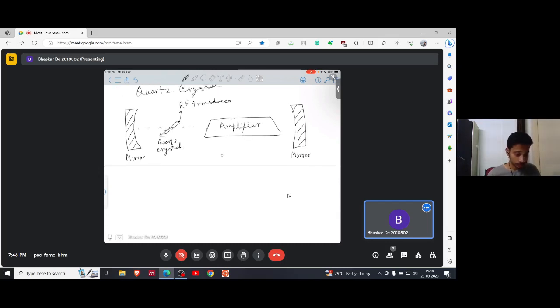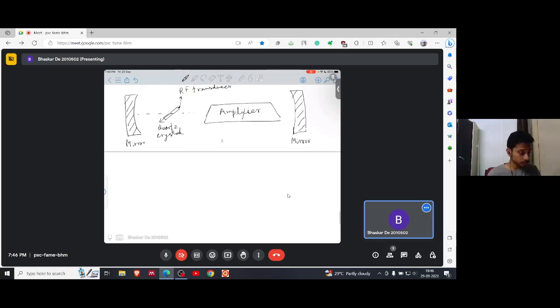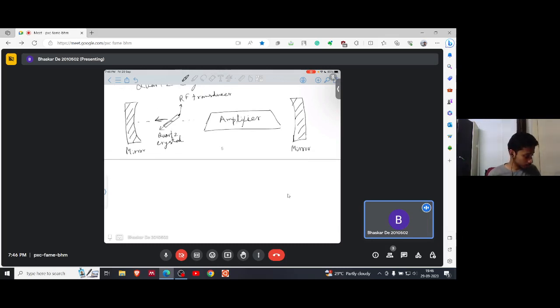So basically the transducer is controlling the orientation of the quartz crystal. The quartz crystal has a piezoelectric transducer attached to it that propagates strong acoustic waves within the crystal when an RF signal is applied to the transducer.